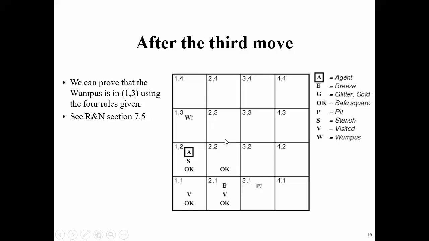Note the goal: after visiting, he has to catch the gold and leave the environment safely. For that, what type of propositional logic do you have to apply and implement? Try it as an assignment.